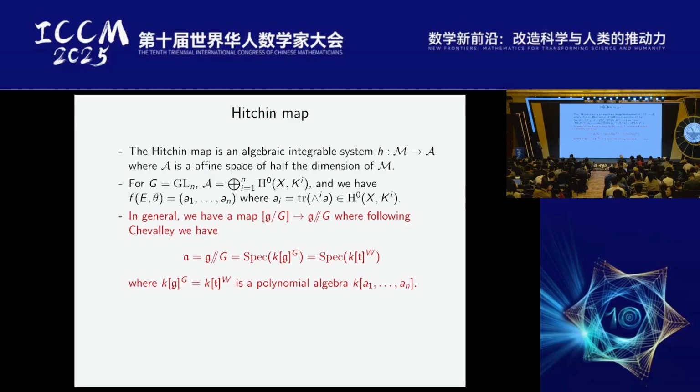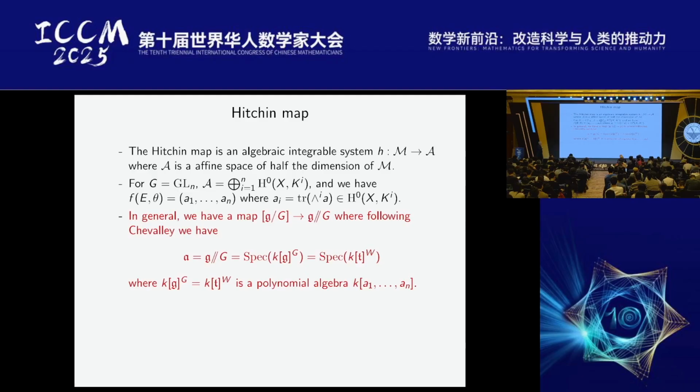This map from the quotient stack g/G to g//G is called the invariant theoretic quotient, which is just the spectrum of the G-invariant functions on the Lie algebra, right? Again, g/G is a stack, where you keep track of the orbits and the stabilizers, and g//G is a set, just a set of semi-simple conjugacy classes. Of course you have a map from the quotient stack, where you don't lose any information, to this invariant quotient, where you lose some information. And by Chevalley, you have several descriptions of this quotient.